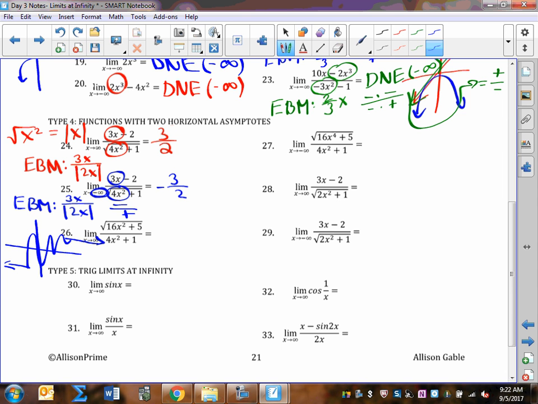But we know that the ends have two horizontal asymptotes. Okay, so same scenario as before. When we check if it's top heavy, balance, or bottom heavy, we have to consider whether we head into the negative or positive version of that horizontal asymptote. Okay. Questions on that? So go ahead and give 26 and 27 a try.